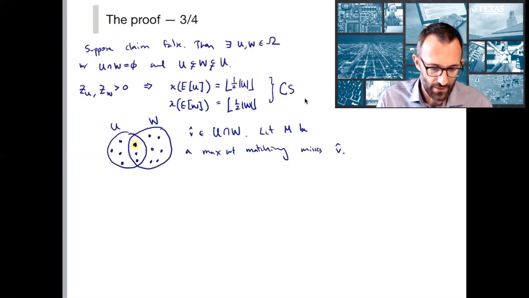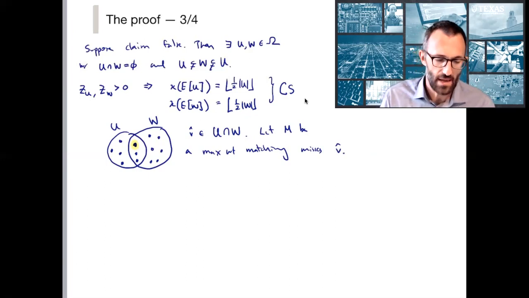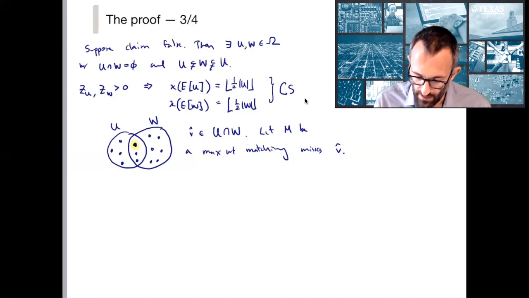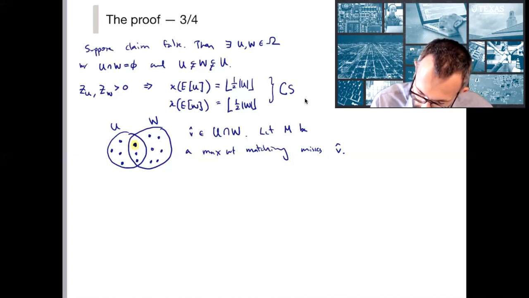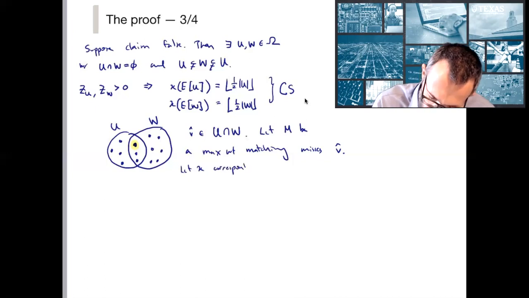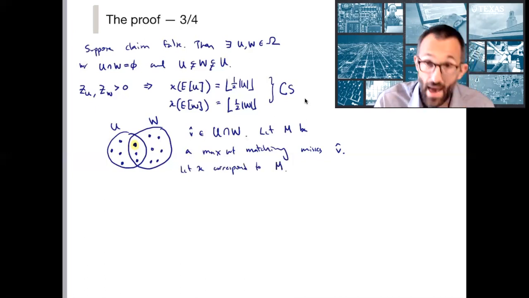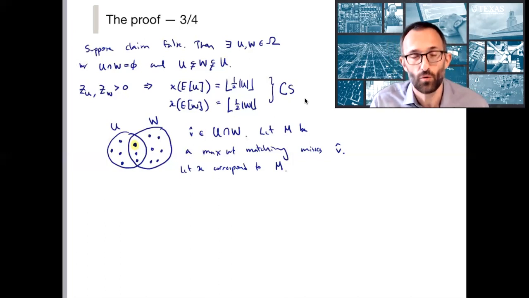So let's look at the consequence of this complementary slackness. If x corresponds to this matching, so let M be a maximum weighted matching, and let x correspond to M. x is an optimal solution, and therefore it satisfies complementary slackness.